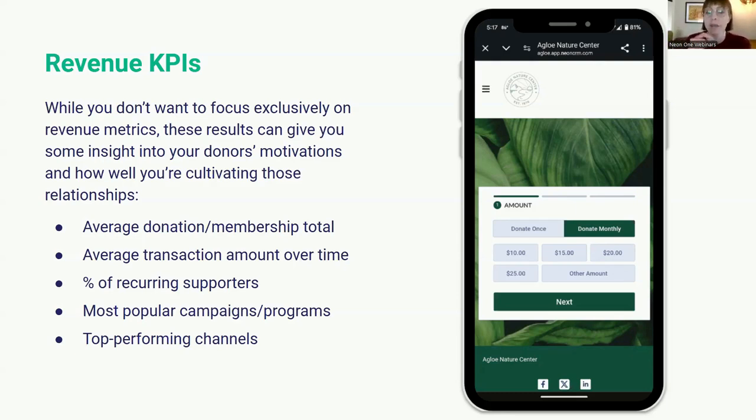If you notice that a lot of your members choose to upgrade their membership when it's time to renew, you'll know that you're doing a good job with that group. And you may want to emphasize upgrading a membership when it's time for someone to renew. You'll notice I did include recurring metrics here too.